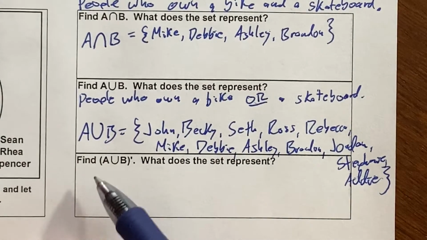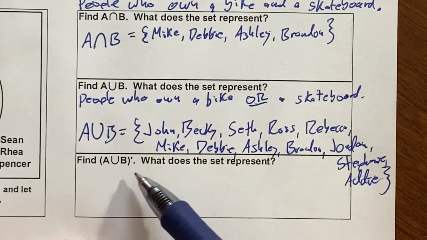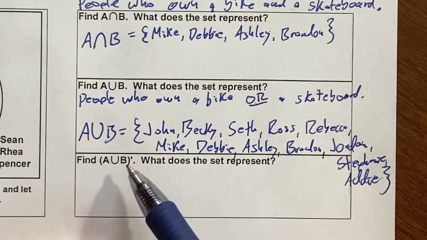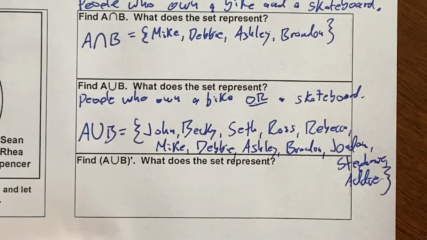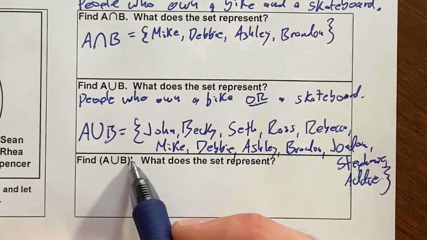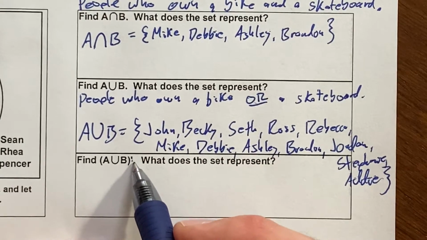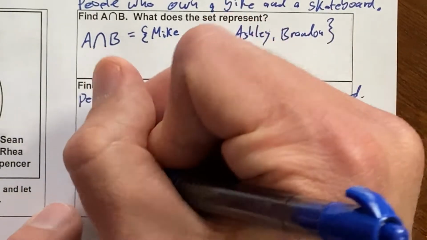All right, find A union B not. The fancy way to say this is the complement of A union B. The way that might be easier for you is to say the people who do not, that's what the apostrophe means, who do not own a bike or a skateboard. So let's write that.